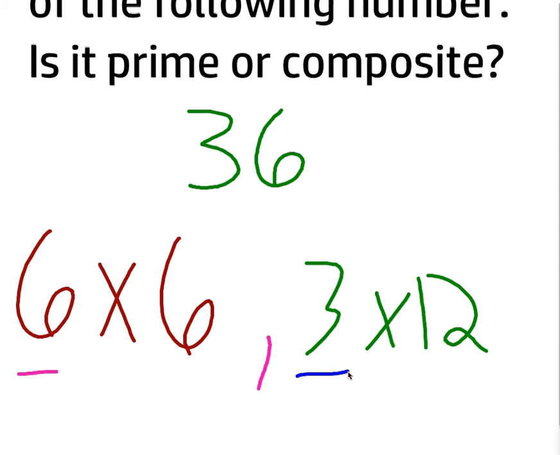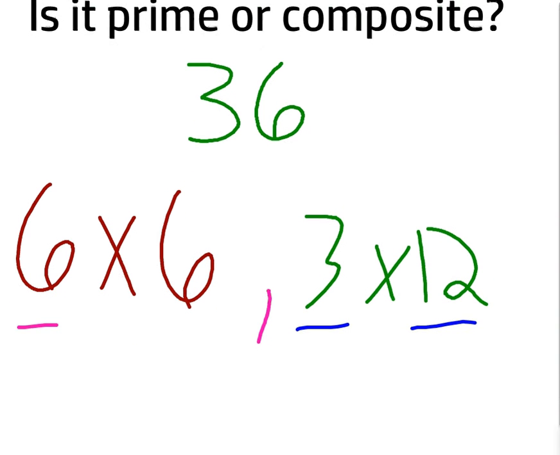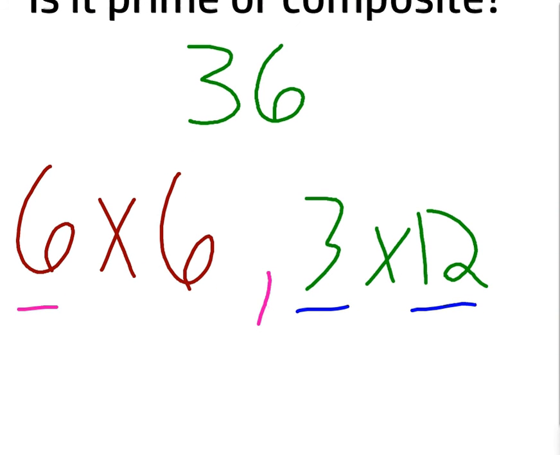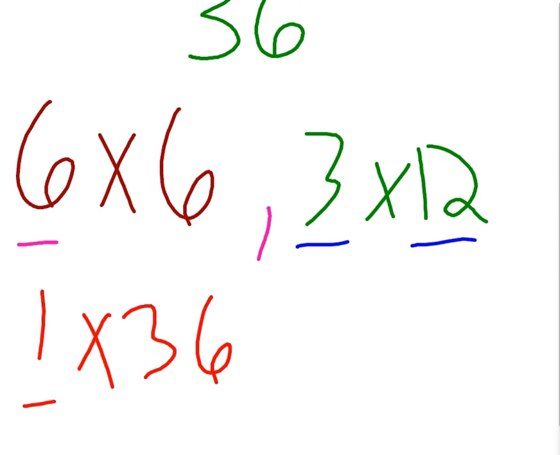3 and 12. I'm thinking of some more. Yes. Okay, he's right. 1 and 36. They are, yes. 9 and what? 9 and 4. Yeah, you got 2 more.